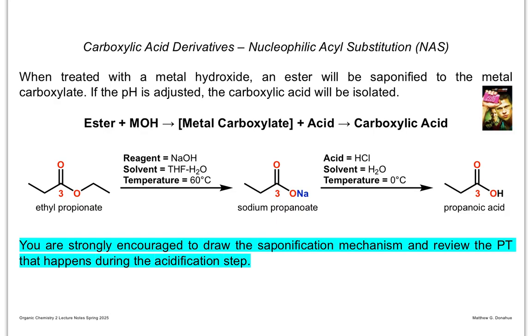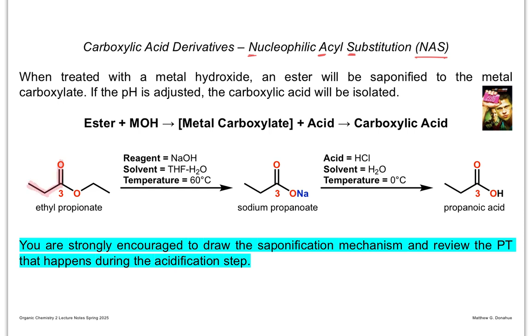So we're going to continue on with NAS, nucleophilic acyl substitution. Substitution is the primary mechanism for the oxidation state 3 functional groups. So we said that, let me highlight in red here.